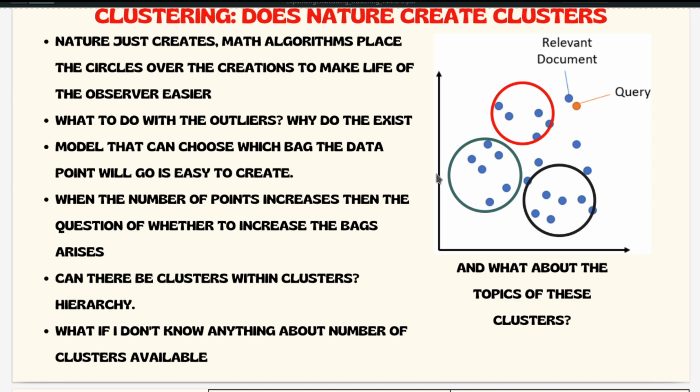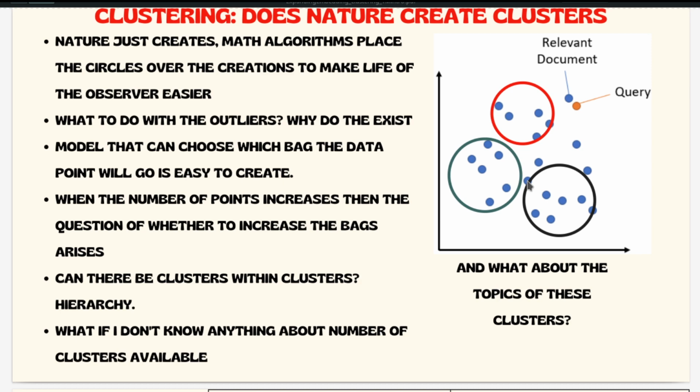The text is converted to numbers, the numbers are put on the graph, and they are clustered. But how can we find out what kind of topics this red circle is going to discuss, this green circle and this black circle? How will we find that? That is where topic modeling comes into the picture.